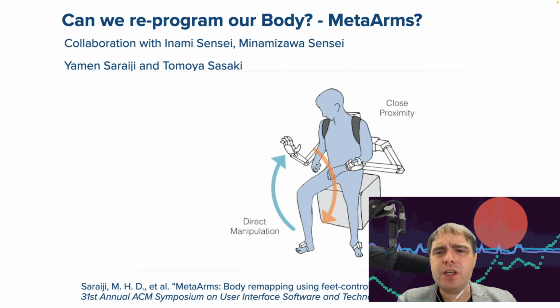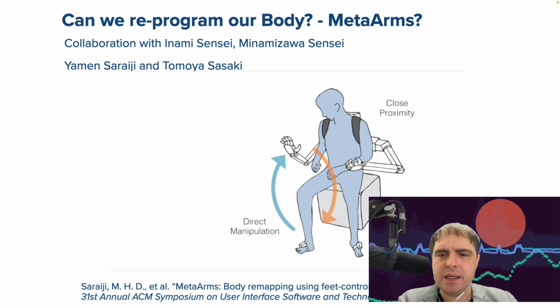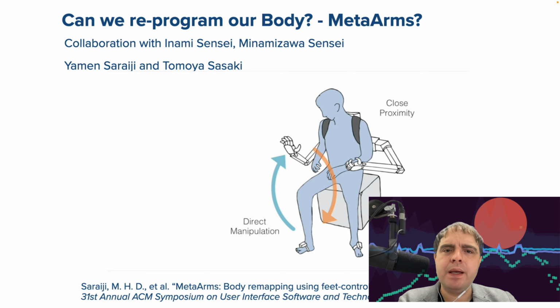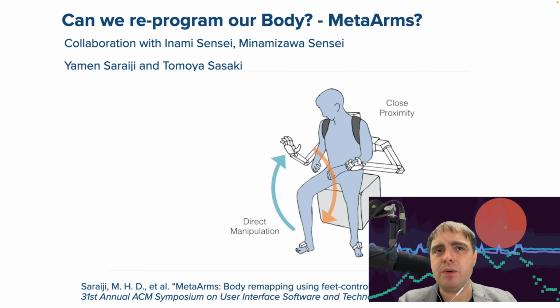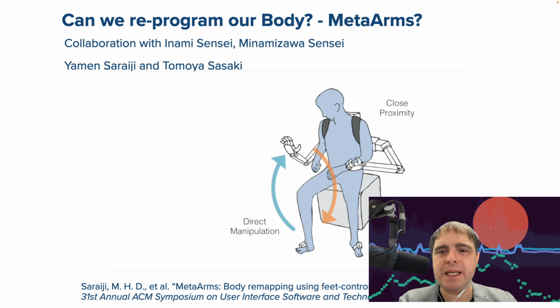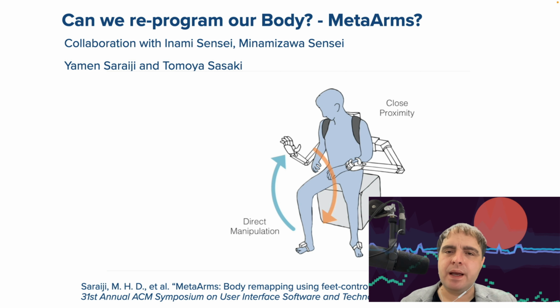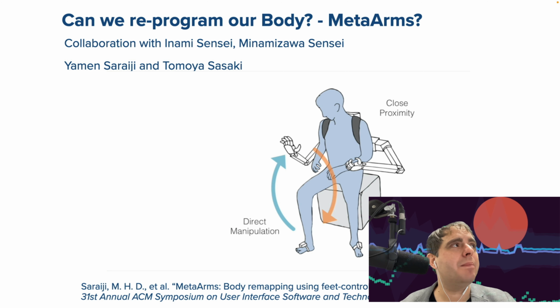And why is that interesting, or how does this relate to the augmented human and integration idea I had before? So initially, I was not too interested in the research, but I helped Yamen and Tomoya to set it up one time, and I was strapped in for maybe 20-25 minutes. I was moving my legs and the arms were moving, and it was an initial prototype.